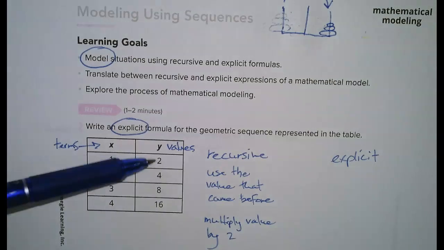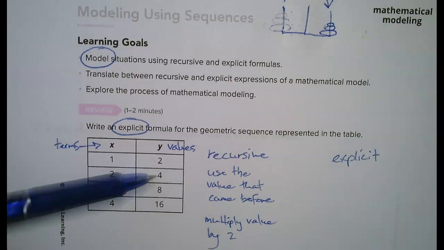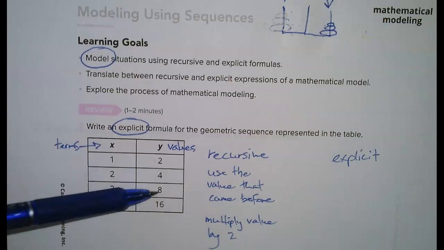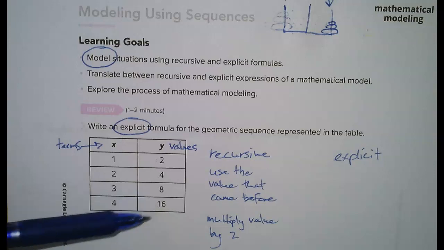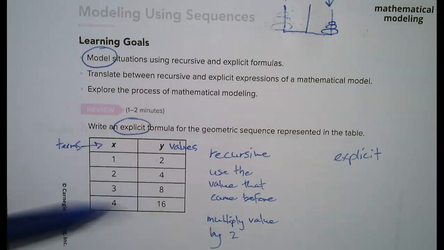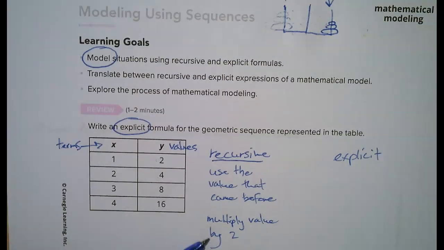Because 2 times 2 equals 4, 4 times 2 equals 8, 8 times 2 equals 16. So if we were writing a recursive formula, that would be the information that we would use to write the recursive formula.